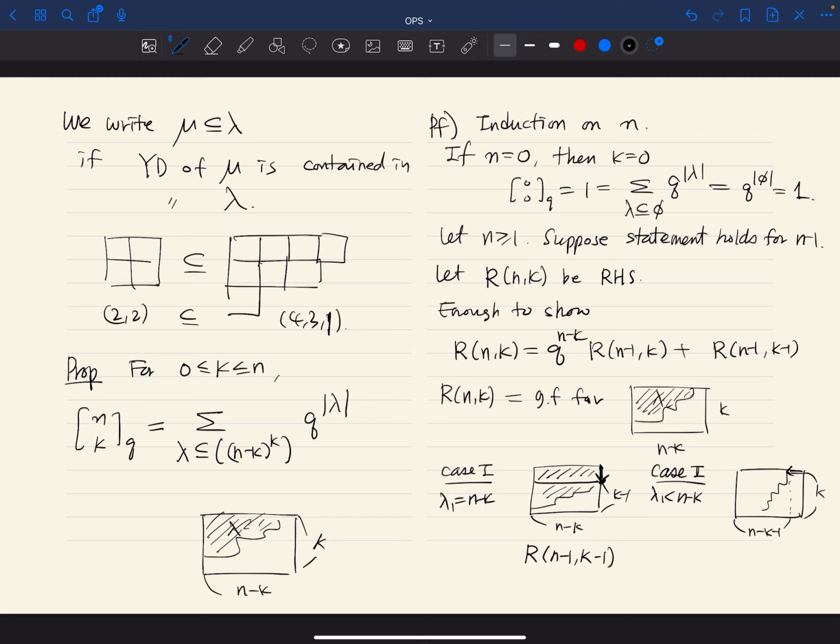So it's going to be R n minus 1, k. So this is q to the... Actually, because of this, we have to multiply n minus k. Here is this. So I think the recurrence should be this.